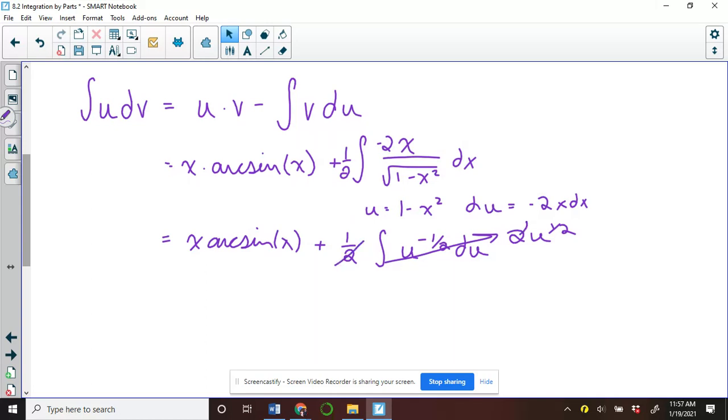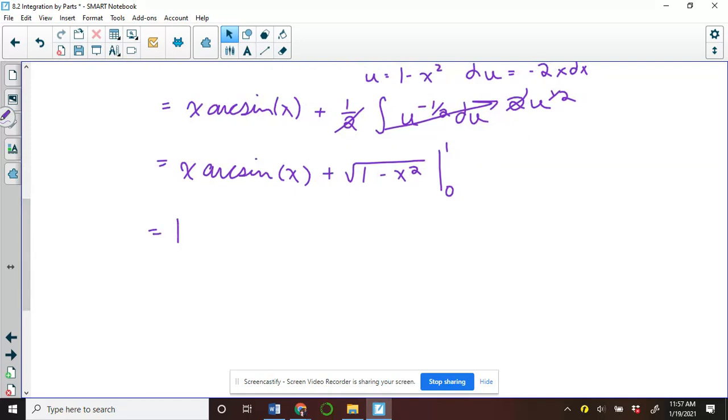Therefore, our 1/2 and 2 cancel. Then we have x arc sine of x plus the root of 1 minus x squared. Remember, this was a definite integral, so I am going to put our vertical bar with our bounds now, and that's along 0 to 1.